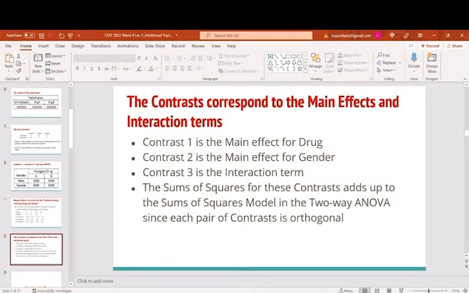Take a look at that. Contrast 1 is testing the main effect of the drug, where you're trying to see if there is any significant difference between the levels of the drug. Contrast 2 is comparing whether there's a significant difference between the levels of gender, and contrast 3 is basically talking about the interaction term.